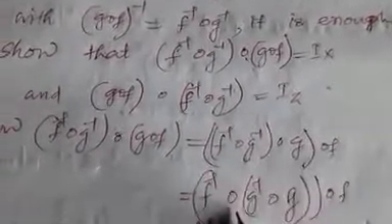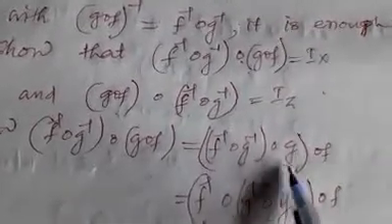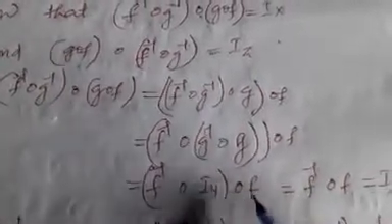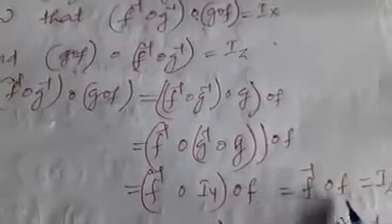So apply the associative law: g inverse of g becomes identity of Y.